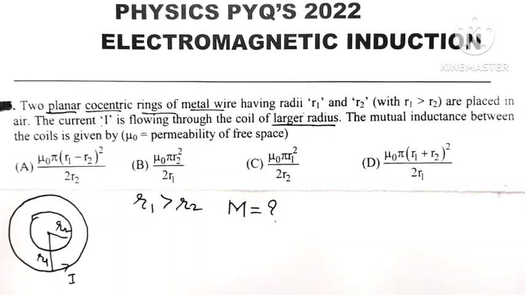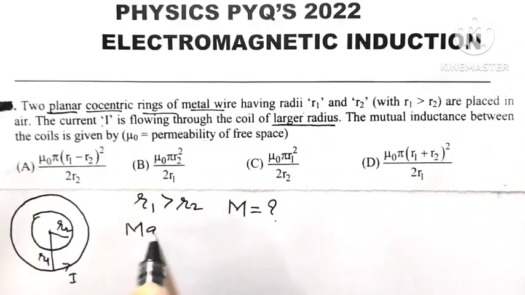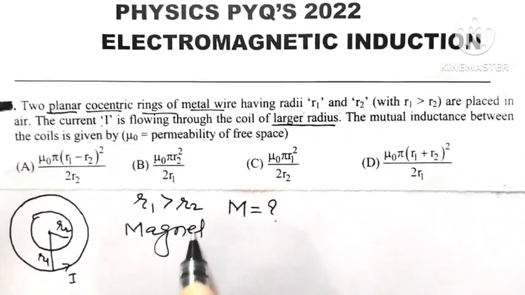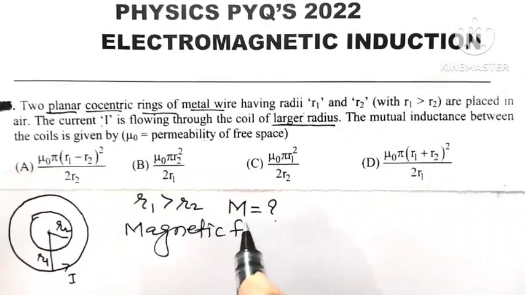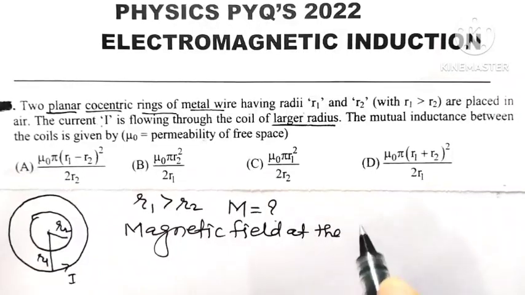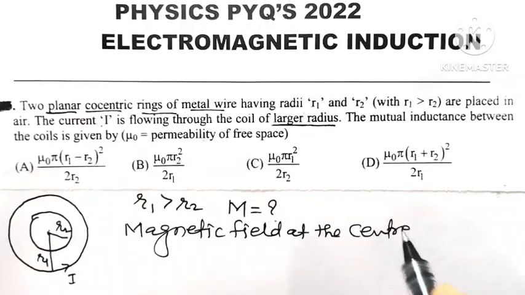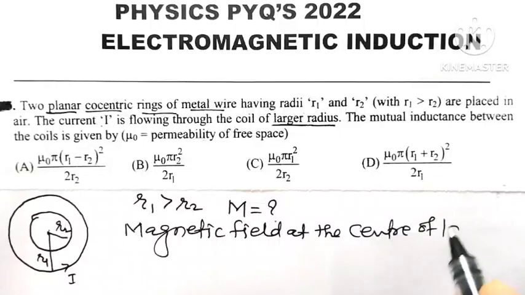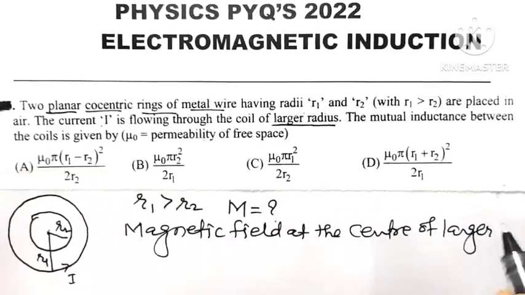Now we know that since this outer coil of radius r1 is carrying current, that current-carrying coil produces a magnetic field at its center, the center of the larger coil. What is the magnetic field at the center of the larger coil?